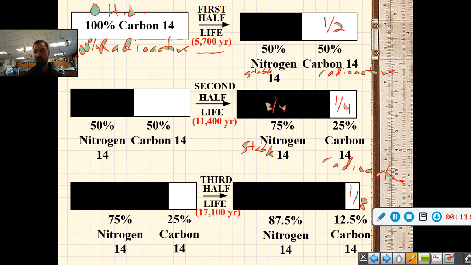So just remember the fraction that matches up to the half-life number, and same thing with the percentage. I sometimes will just do a list and then go down half, quarter, eighth, and then 1 half-life, 2 half-lives, 3 half-lives. I'll make a little chart out of it. So 3 half-lives, 1/8 or 12.5% is 17,100 years.